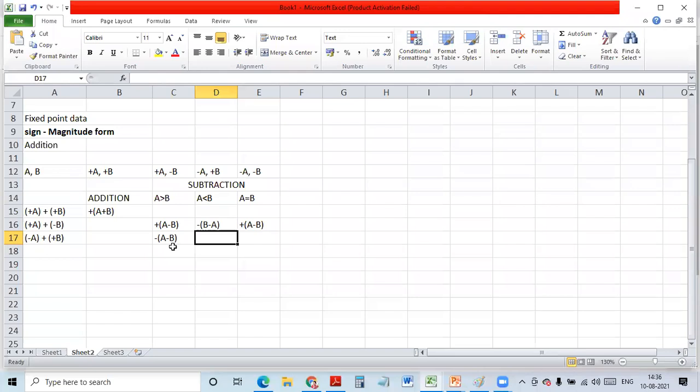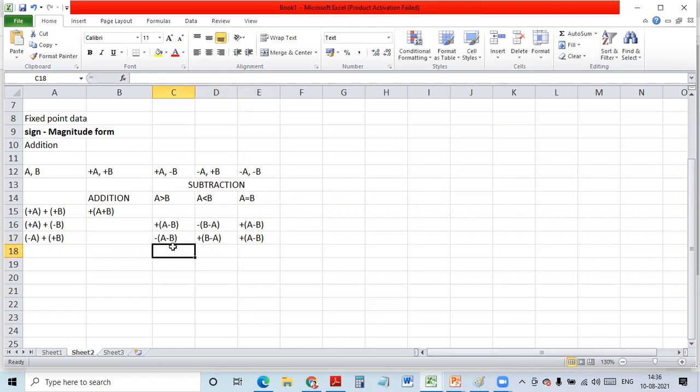B minus a, the result is plus b minus a, because the sign of b is nothing but the complement of the sign of a. It is just a minus b or b minus a we can do, but we are eliminating -0. So everywhere we perform a minus b with the plus only.